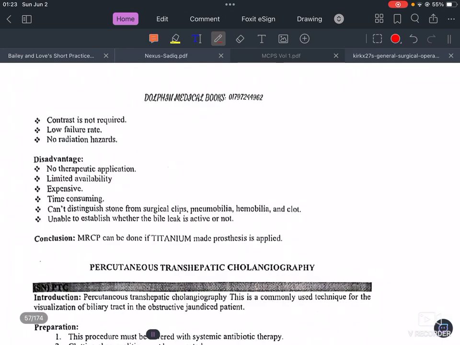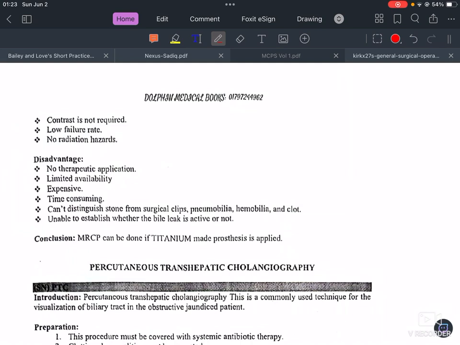There is very low failure rate because this is not operator dependent. It can later be adjusted by setting the image, and no radiation hazard, as this is only magnet, so there is no radiation hazard.